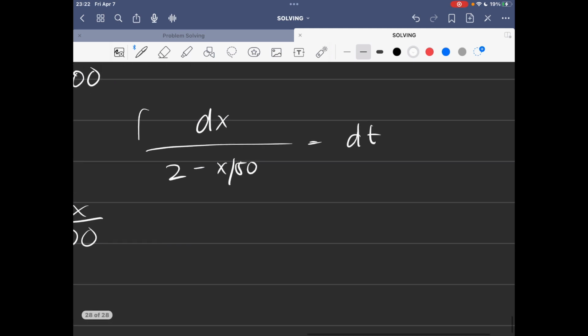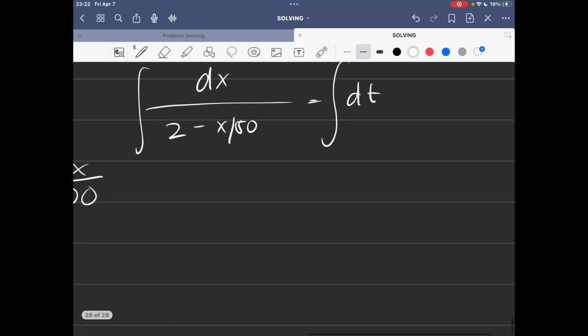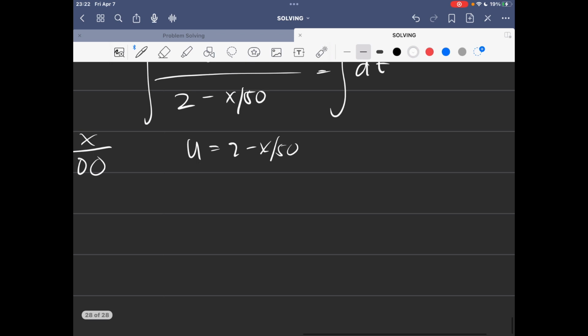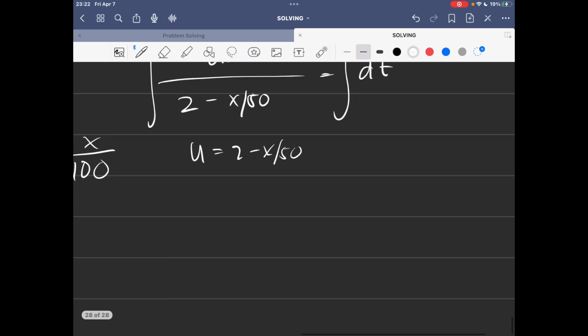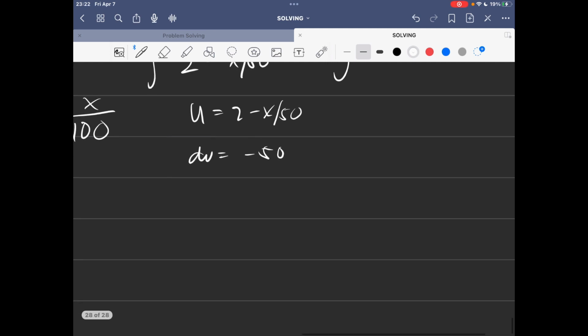Then we can integrate. So let u be 2 minus x over 50. So du is negative 1 over 50 dx. Then we can integrate it.